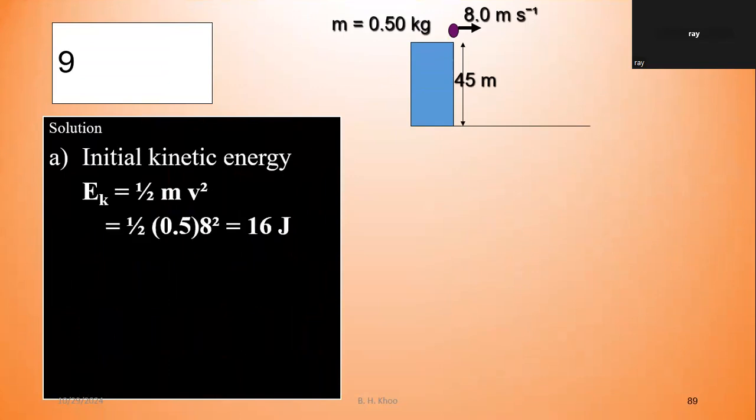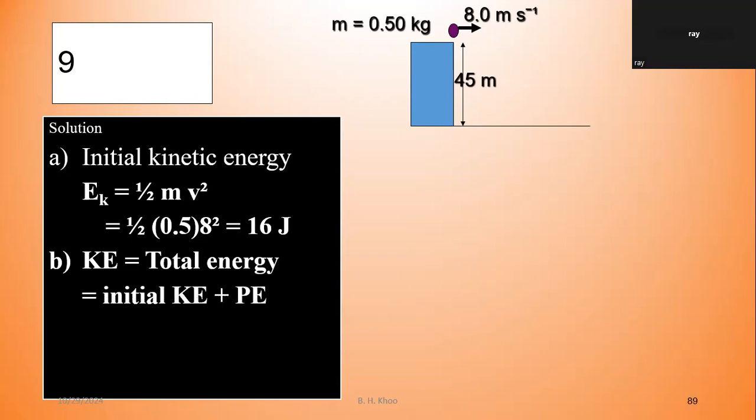Put in your values for mass and speed, get 16 joules. Then kinetic energy at the bottom of the cliff equals total energy, so it's initial kinetic plus potential. 16 plus potential energy, which is mgh. Mass is 0.5, g is 9.81, height is 45 meters. Calculate it out.